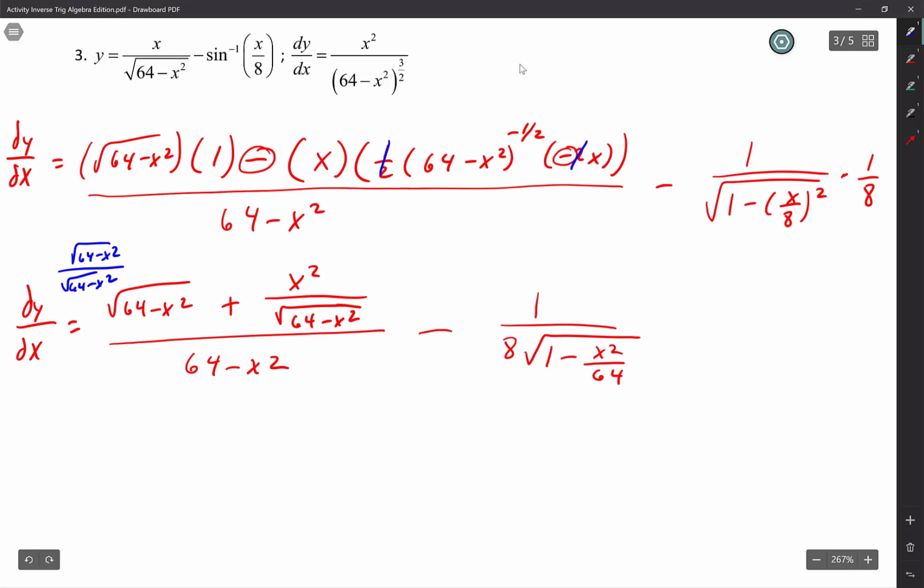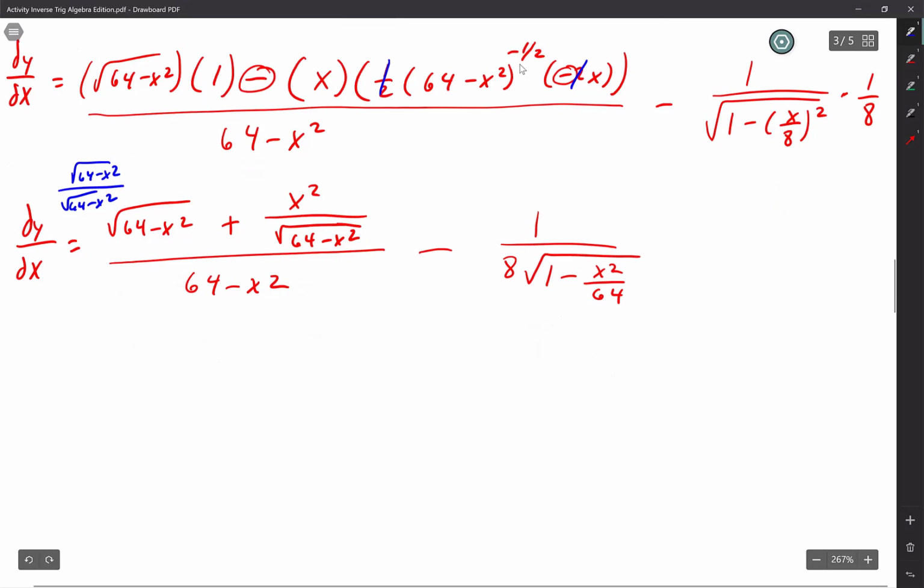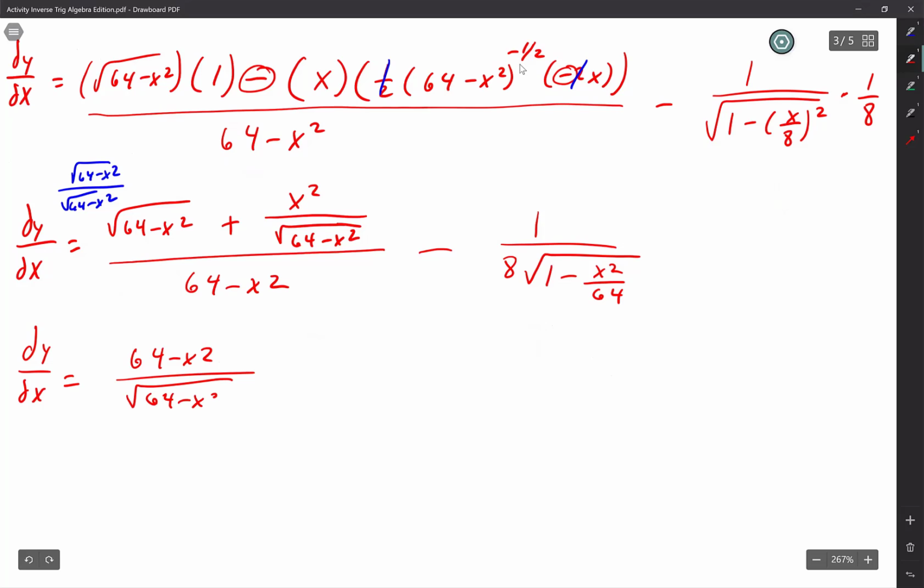When I multiply the two square roots, the square roots go away. So here's what I'm going to have: dy/dx equals 64 minus x squared over square root of 64 minus x squared, plus x squared over square root of 64 minus x squared. I could have put them together if I wanted to, guys, but I'm trying to show as many steps as I can for you.